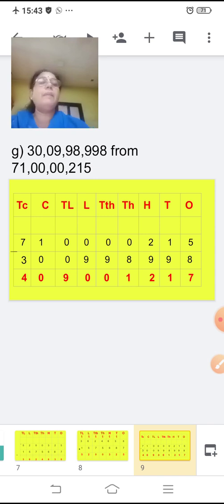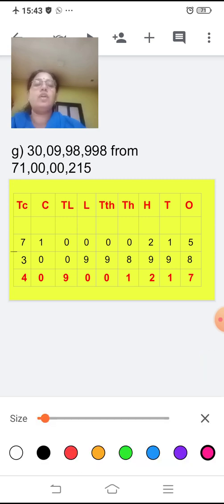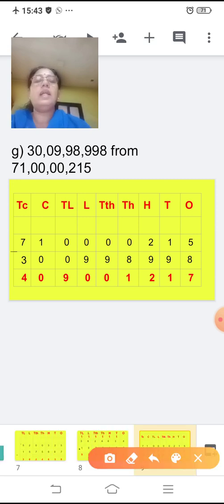Now starting from the ones place, again you will subtract. Here in the first place it is 5 minus 8. Now you cannot subtract 8 from 5. So what you will do is borrow from the tens place.